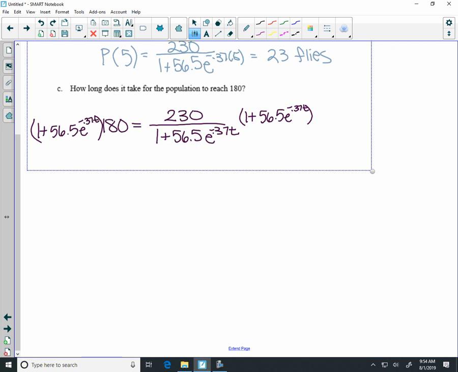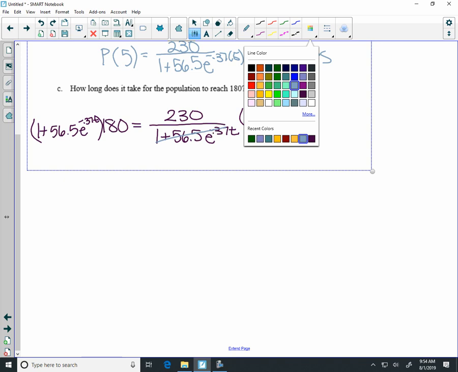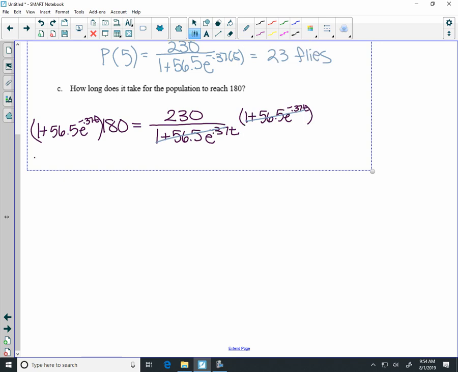Multiplying both sides by that whole denominator, even though it seems totally ridiculous, is the way to do it. I would not multiply that 180 through. I would leave that as 180 times that mess we just brought over.